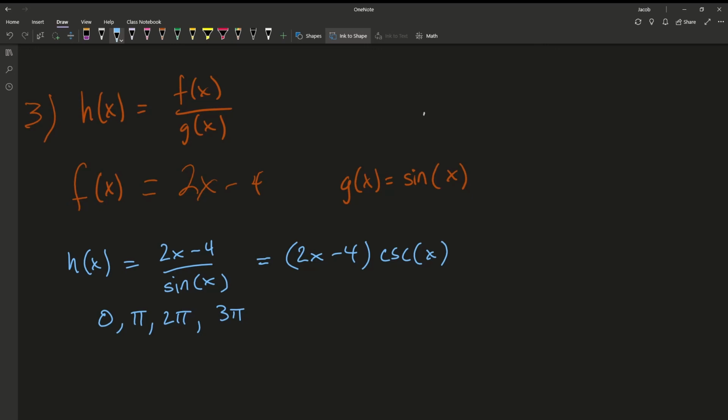So that would mean we would have a domain of all real numbers except 0 plus or minus pi n. So every number except every pi value, we would get an answer for this division of functions.